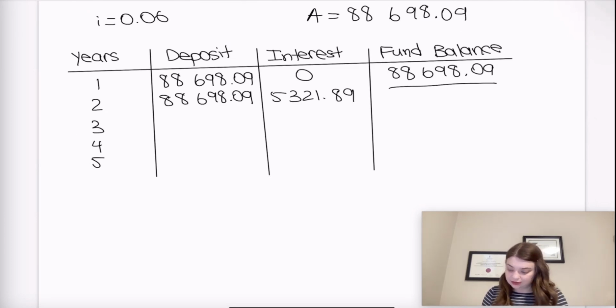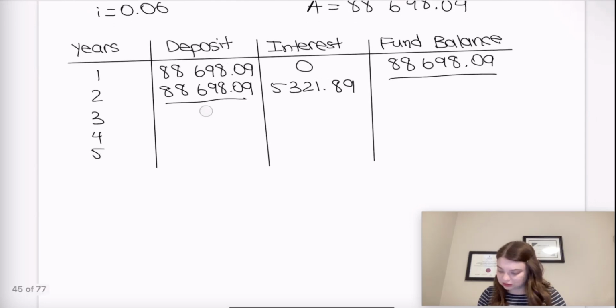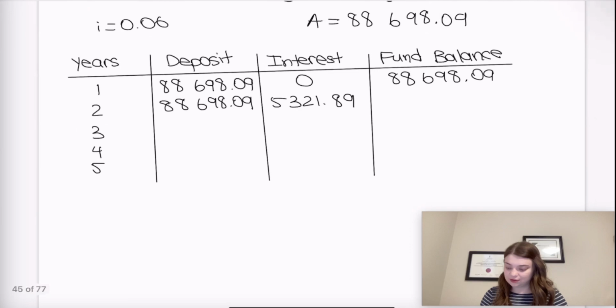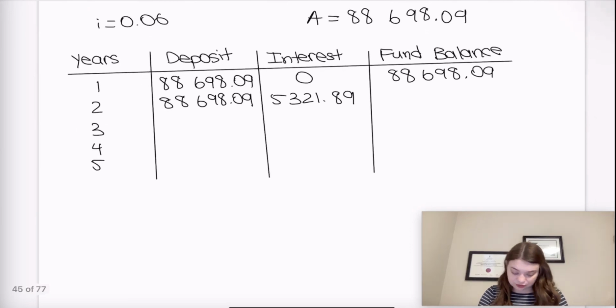So now our fund balance has all of those things in it, right? It has the first $88,698.09 that it had last year, plus this interest, plus the new $88,698.09 that we just deposited. So it has the money we deposited last year, this year, and the interest that we gained from last year's money. So I'm going to add those three things together: $88,698.09 times 2, and then plus the interest.